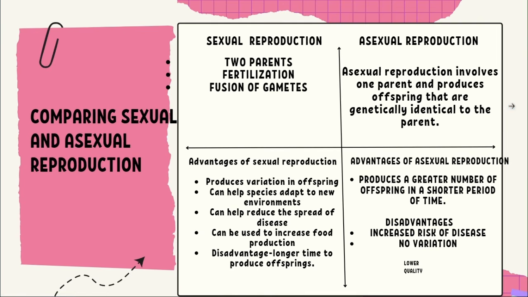Okay, so let us compare them more in depth. You have sexual reproduction and asexual reproduction, and what we want to see are both the advantages and the disadvantages of each type of reproduction. In sexual reproduction, obviously we said before that it involves 2 parents, fusion of gametes, fertilization, all that stuff is going to happen.